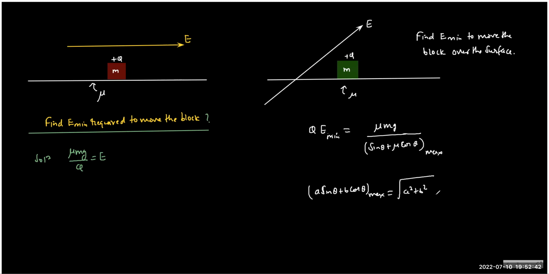We have done this in trigonometry, and I hope that you have done it in mathematics also. So Q into E minimum will be how much? And that is where the E minimum turns out to be. Is this clear?